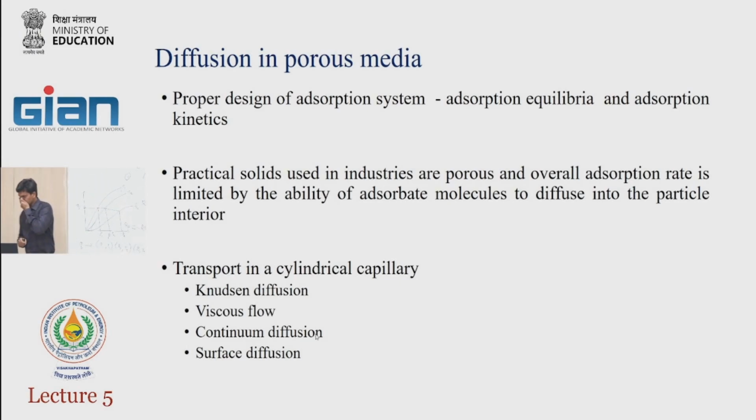So you can do all the adsorption equilibrium work and say, okay, this material is good for adsorption. But if we don't consider the kinetics, how will it affect? That's what we will see now, why the kinetics is important.